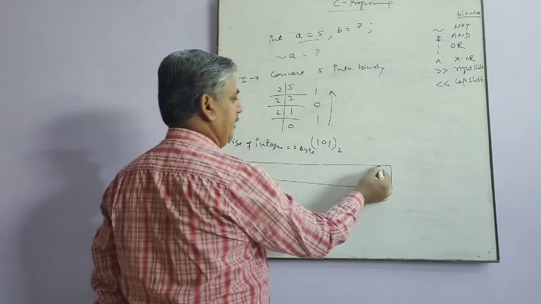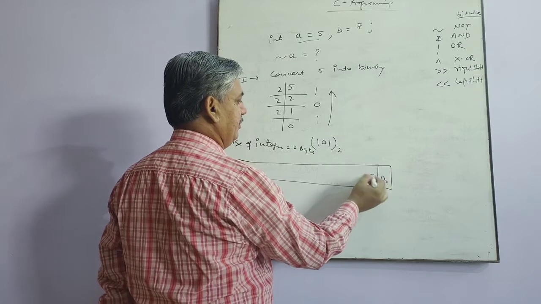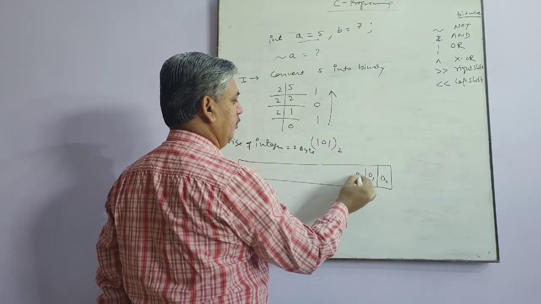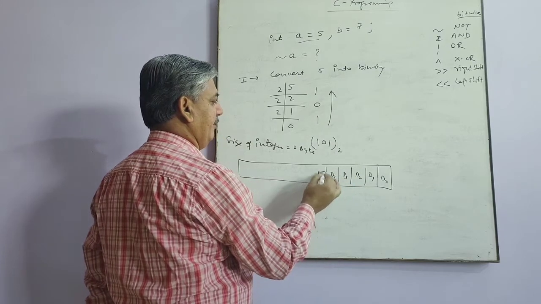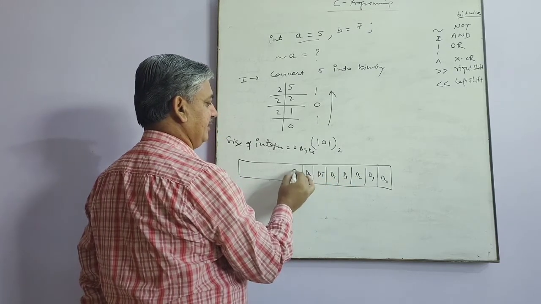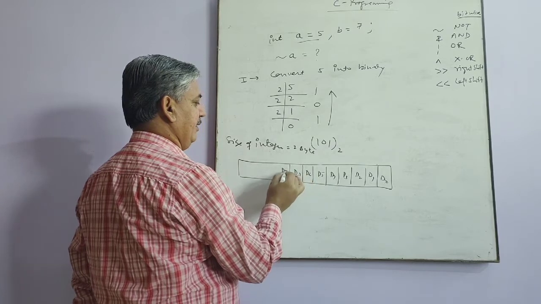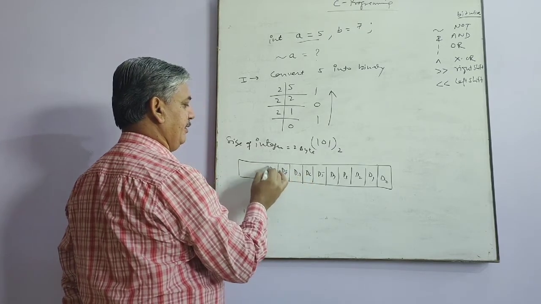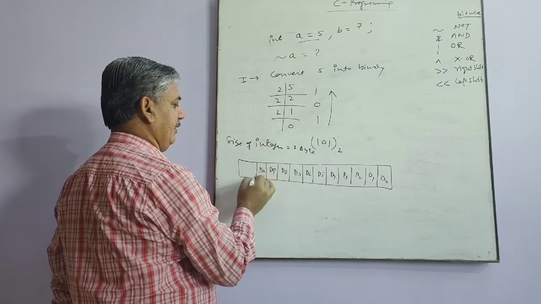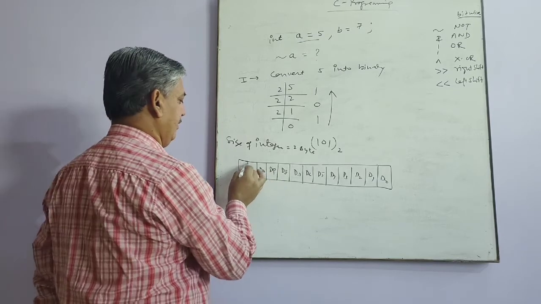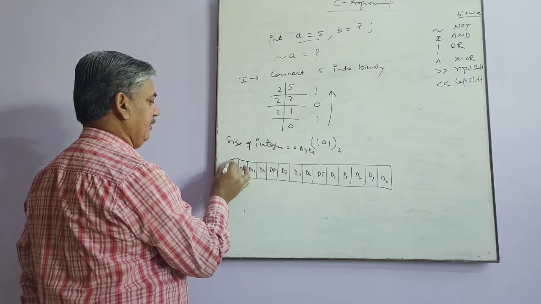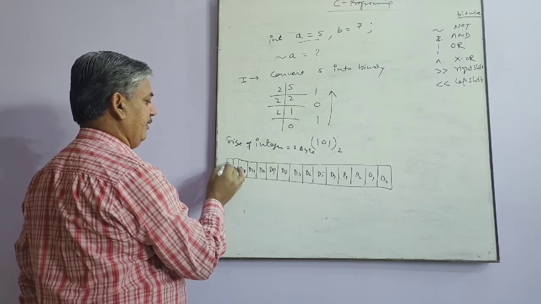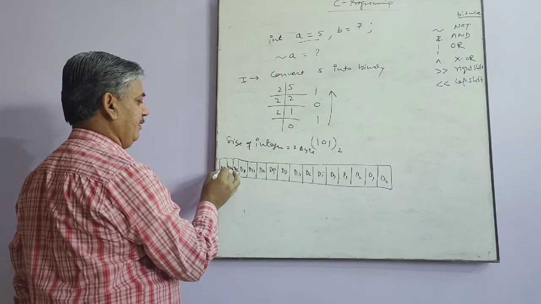So this is the 2-byte register: D0, D1, D2, D3, D4, D5, D6, D7, D8, D9, D10, D11, D12, D13, D14 and D15. Clear?